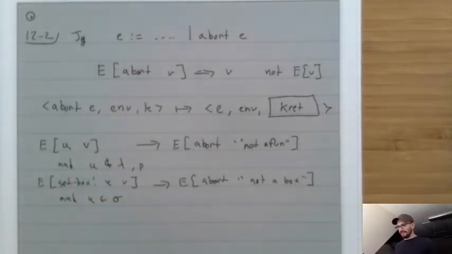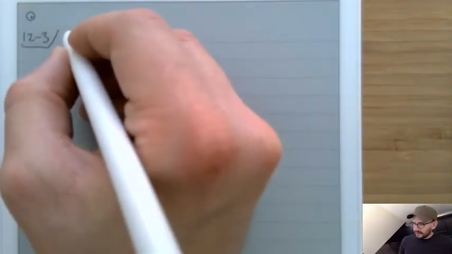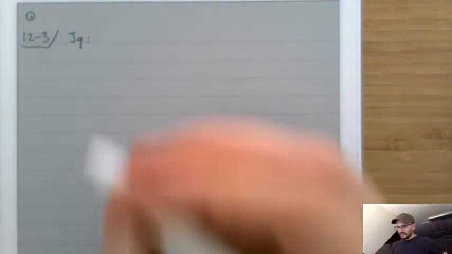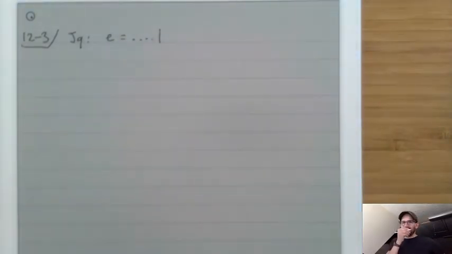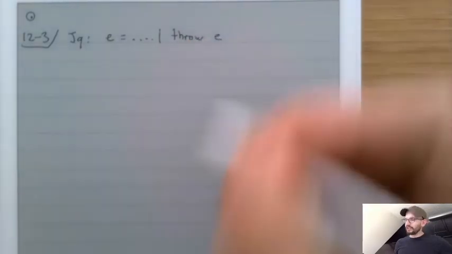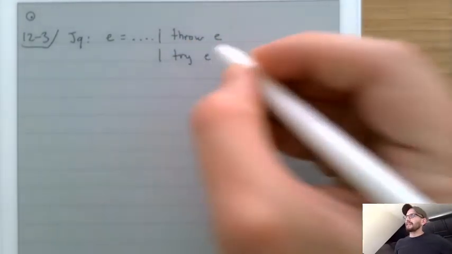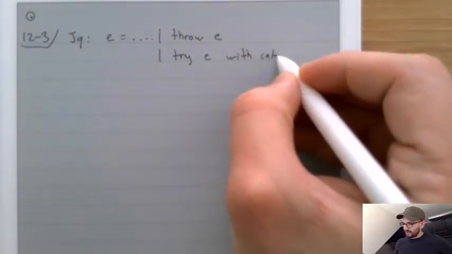So let's implement that feature next. So this is going to be our J9 language. And our J9 is going to be E, but we're going to extend it with two new things. With throw E, which is going to generate an error, and try E with catch E.